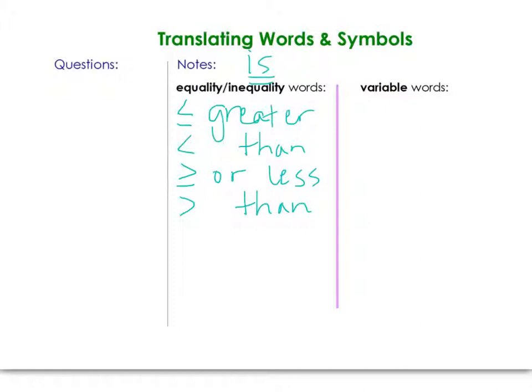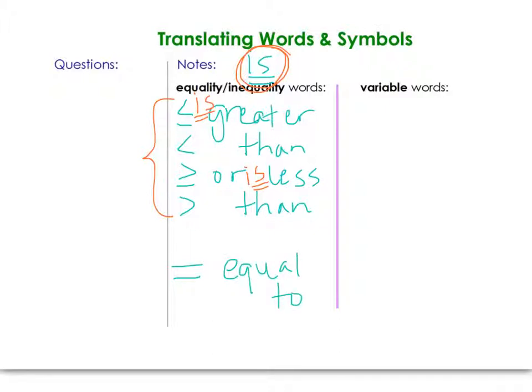So everyone do a big is, maybe circle that. So if something is greater than or is less than, that means I'm going to use one of these signs. Those are my fancy signs. Well, then I could have something that is equal to, but that's is equals to, or is the same as.